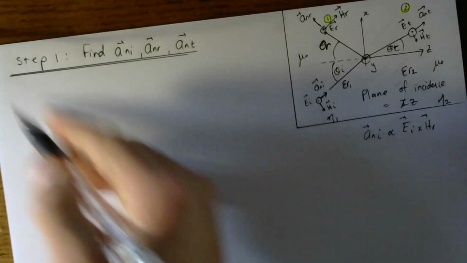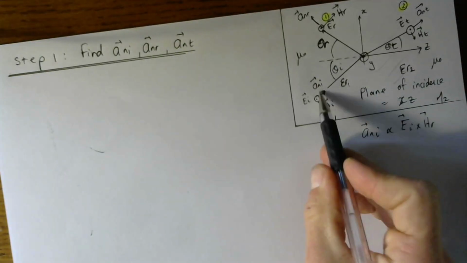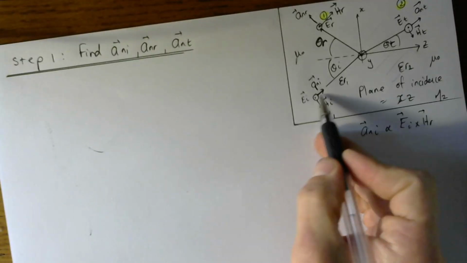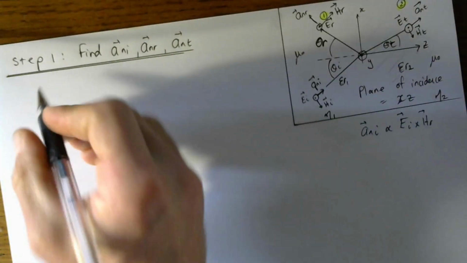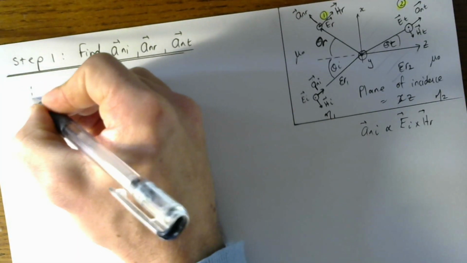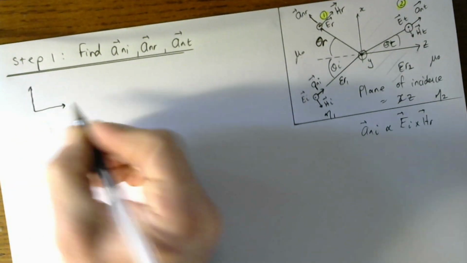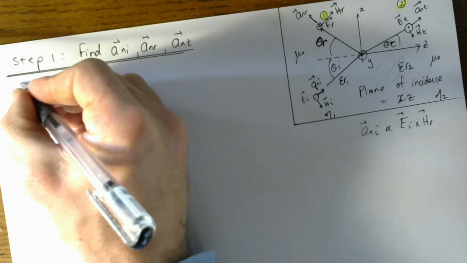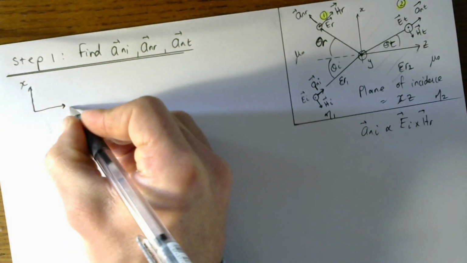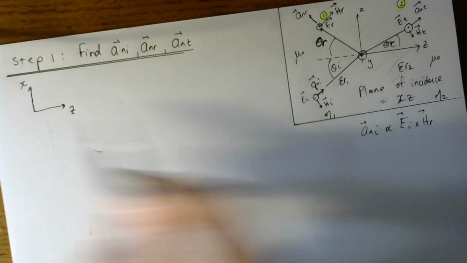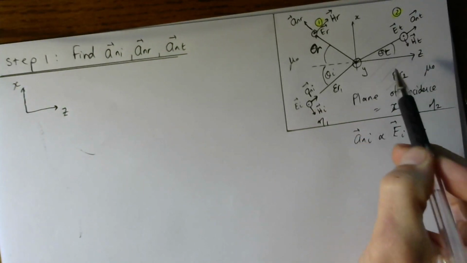But we want to describe this vector in terms of these angles. That's pretty straightforward. So let's look at this one over here, a_NI. I'm going to look at the little axis over there. Let's draw it out. It's pretty simple, right? I have my X vector on the top, and I have my Z, and this just follows from my definition of the problem.